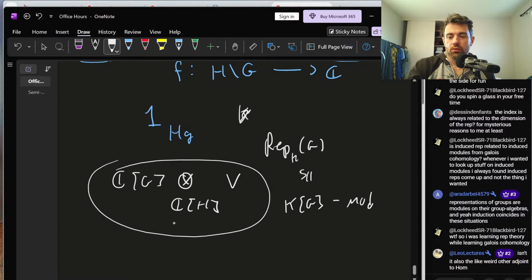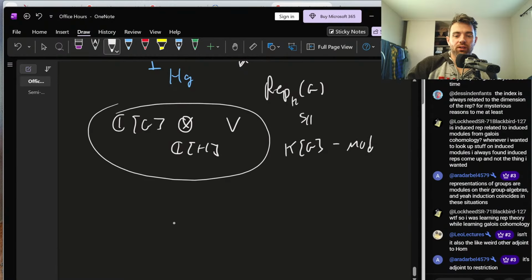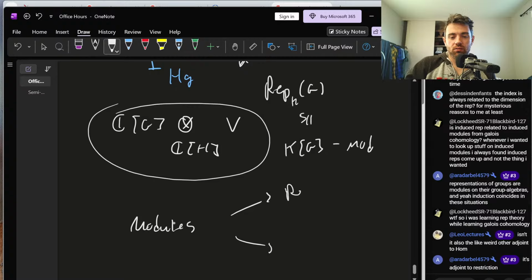And Galois cohomology is cohomology, and it's basically also a study of modules. So really, it's like there's the study of categories of modules, and rep theory and Galois cohomology are offshoots of this, but then also have some intersection, whatever.